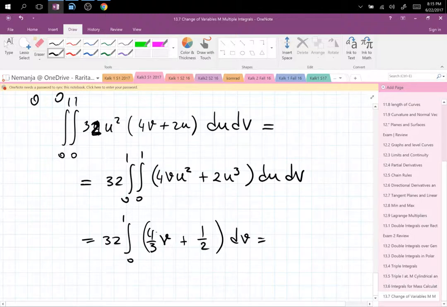So when you integrate, there will be 2/3 plus a half. 32 in front.